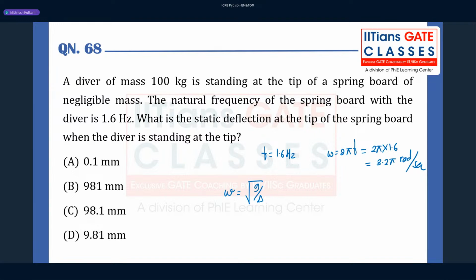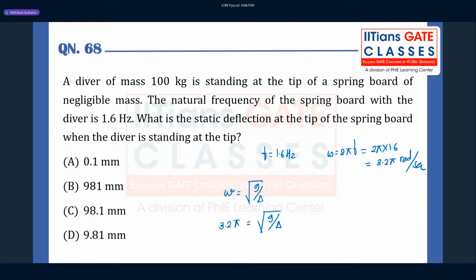So omega is already given, which was in hertz, and we have converted it into radian per second. So 3.2 pi is equal to under root of g divided by delta. From this equation, you can calculate the delta.